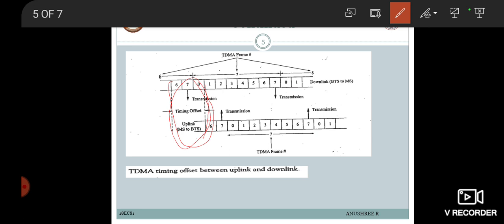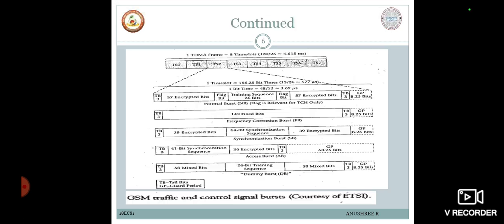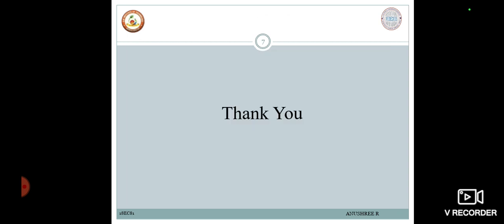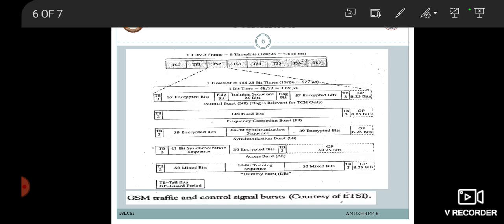Next comes the time slot burst. Now what is this time slot burst? So this is a time slot burst. The transmission of a normal burst and the other types of burst signals, which we can see here: the access burst, frequency correction burst.